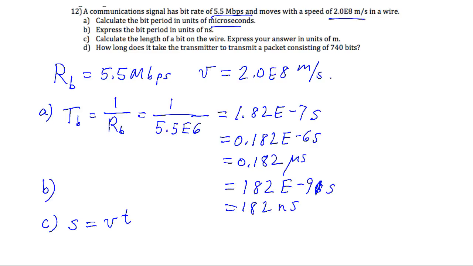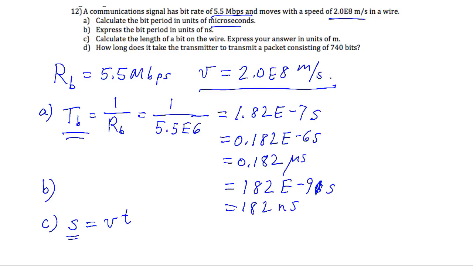Think of driving your car at 60 miles an hour for 2 hours, going 120 miles. It asks us the length of a bit on the wire. So as the transmitter sends out 1 bit, it takes a certain amount of time, which is equal to this bit period. And given the speed of propagation, we'll calculate the distance that the front of the bit on the wire has gotten.